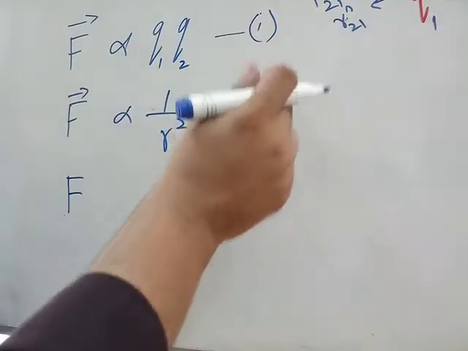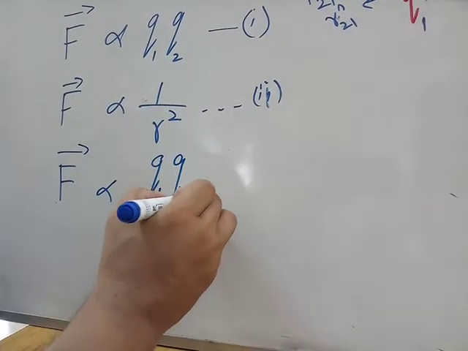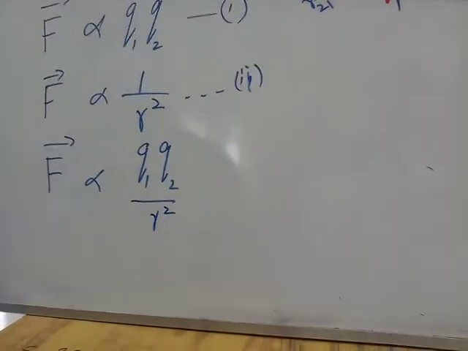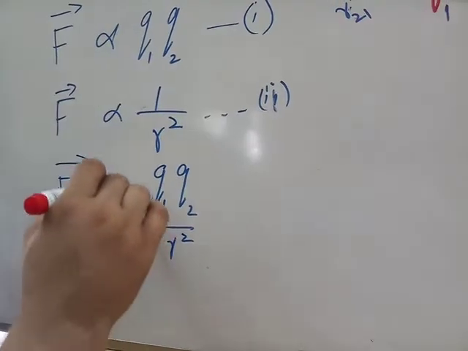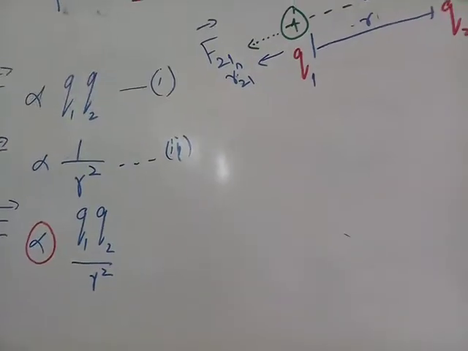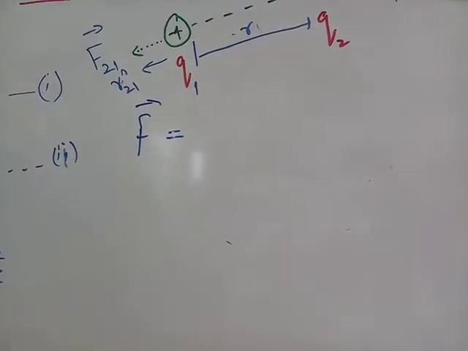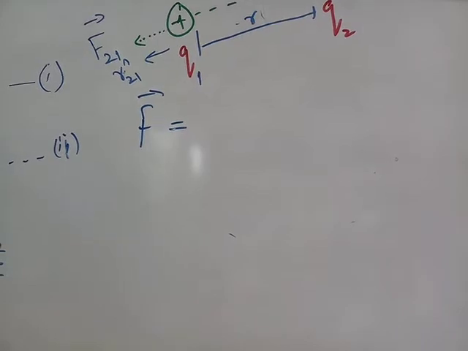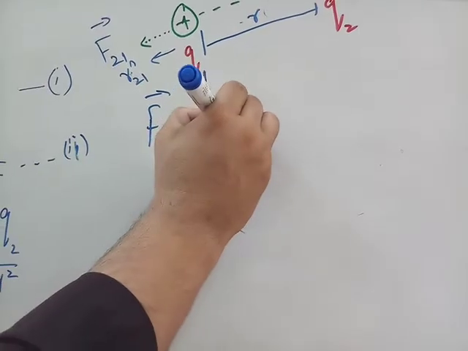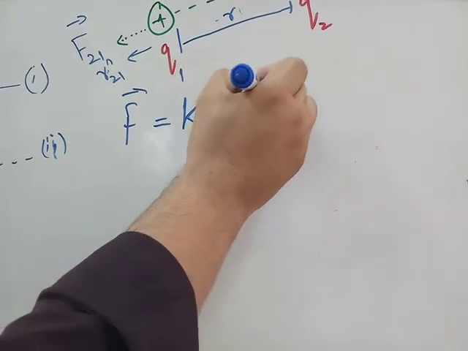If we combine equation 1 and equation 2, it will be F proportional to Q1 Q2 over r squared. If we remove the proportionality sign, we use equality. We use two terms for removing the proportionality sign: one is the equality sign and the other is the proportionality constant.